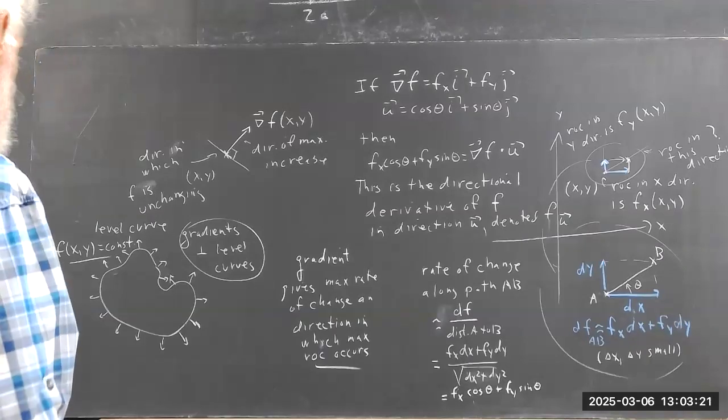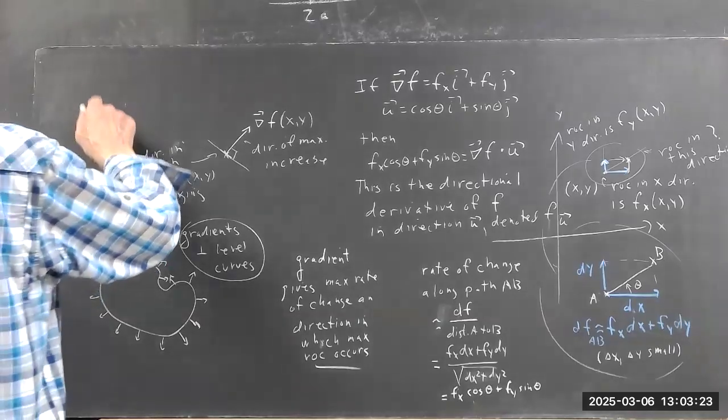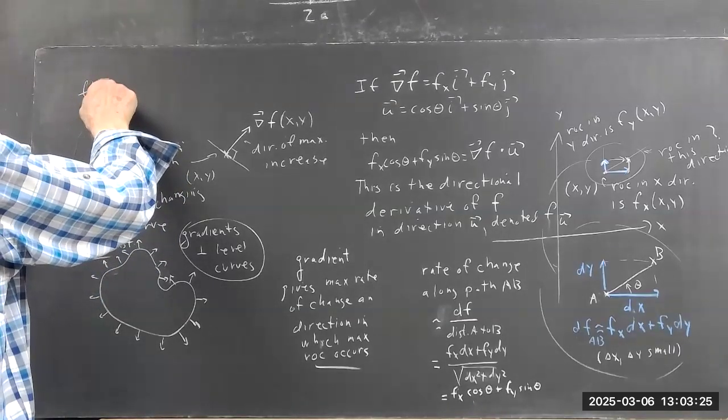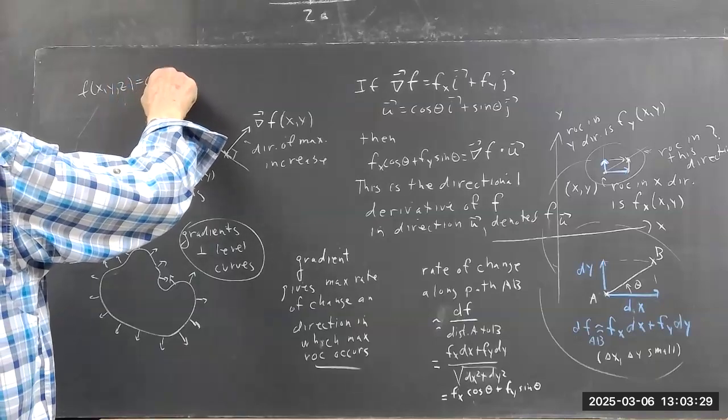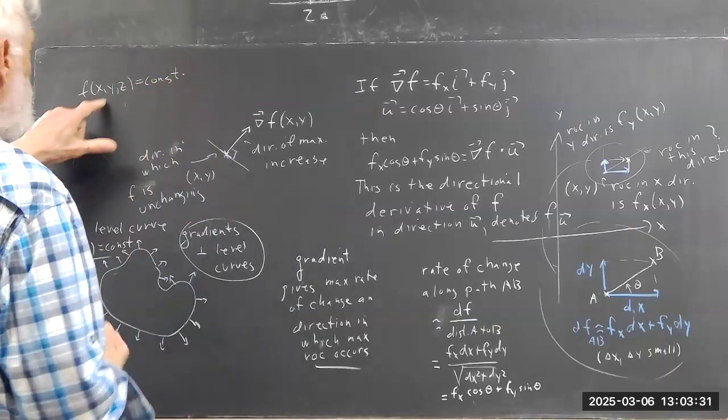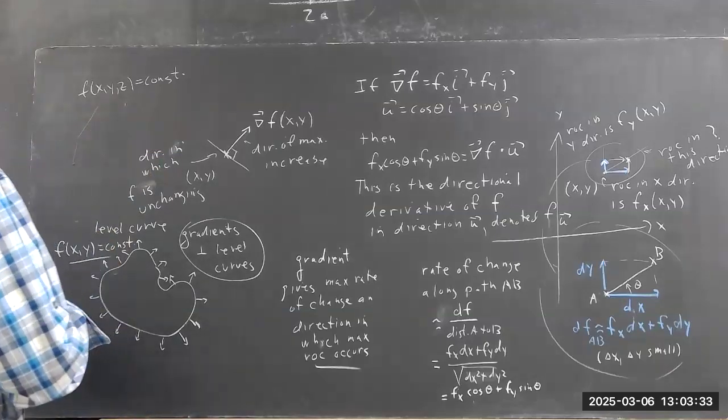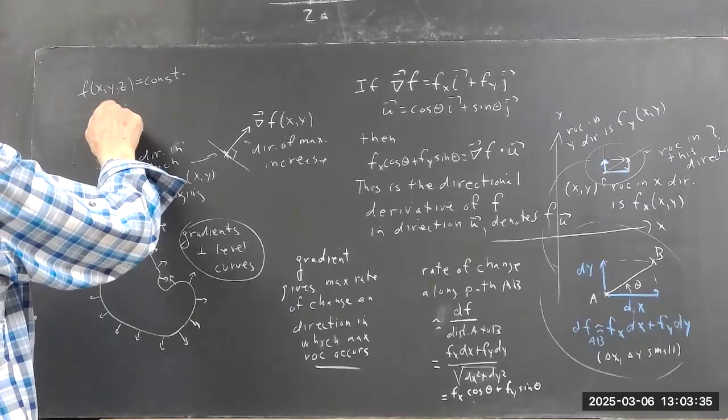If f of x, y, z is constant, that's a level surface.